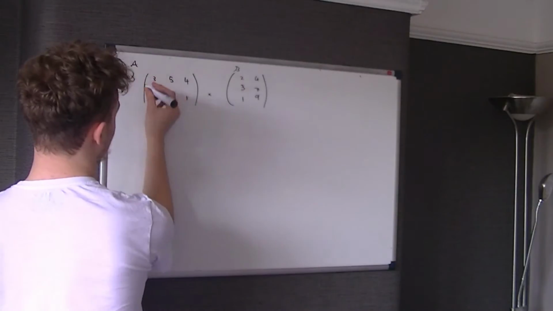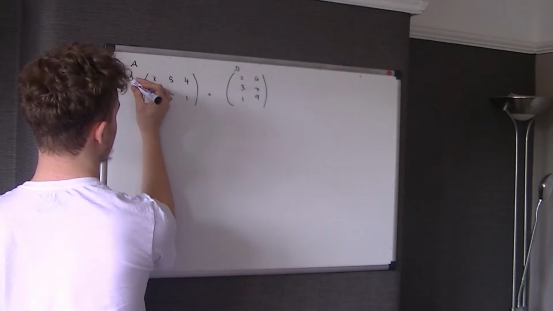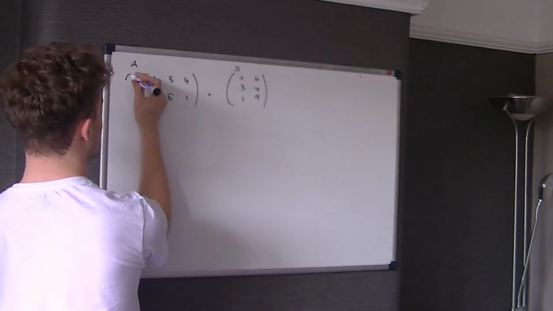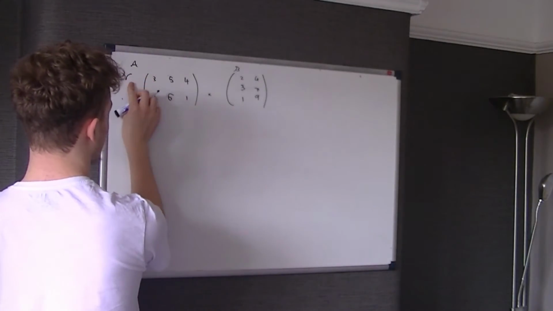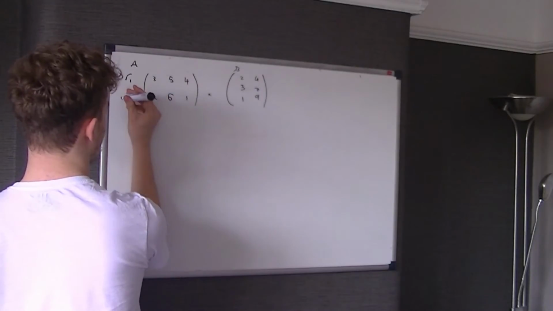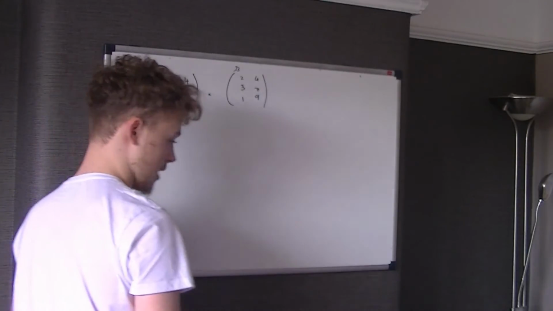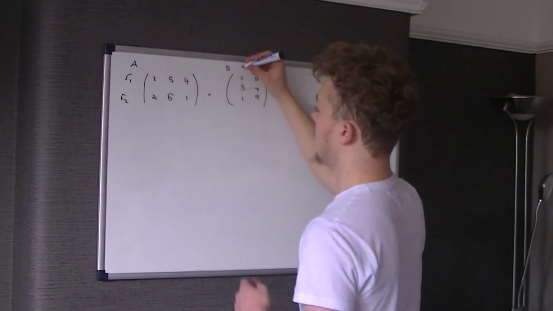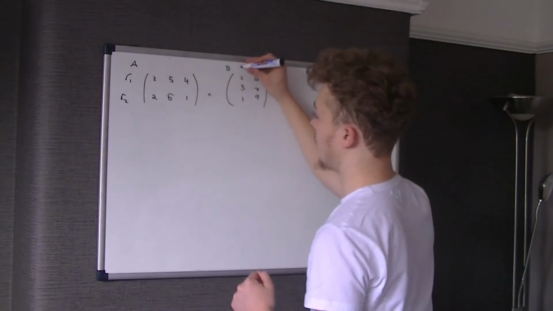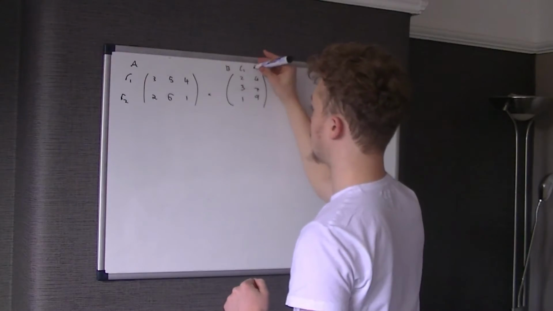We'll call the first row in matrix A R subscript A, and then row 1 and row 2 of matrix A. And for matrix B, going down, we'll call that column 1 and column 2.